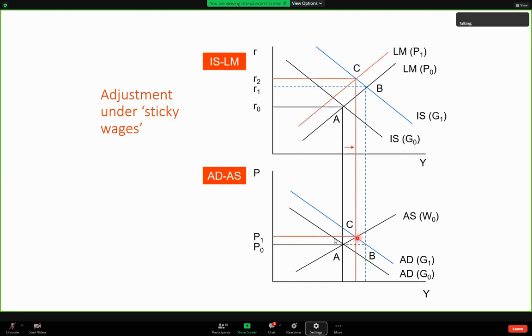But our new equilibrium point is here at point C, where the aggregate supply line and aggregate demand line intersect. So the price level, you can see, has gone up now.